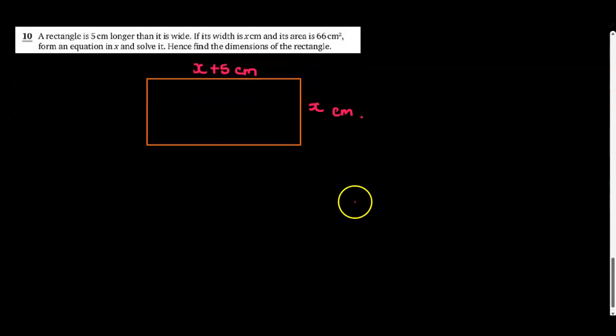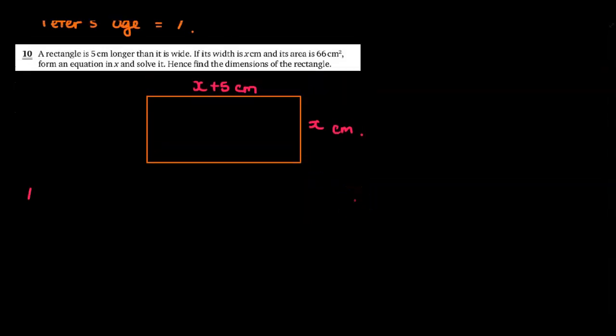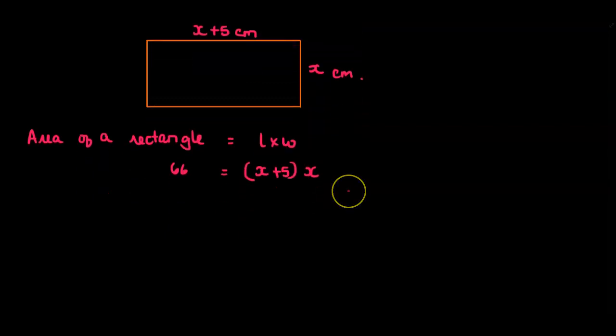Okay. So the area of a rectangle is equal to length times width. So 66 is equal to X plus 5 times X. So it says X squared plus 5X is equal to 66.